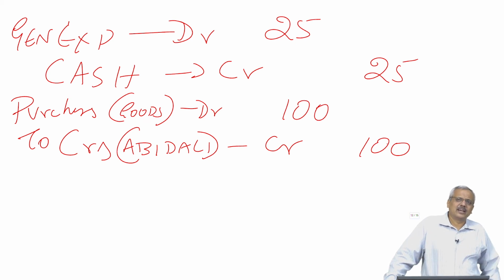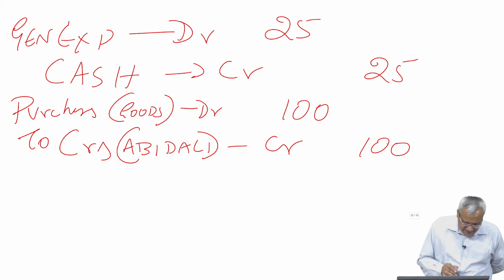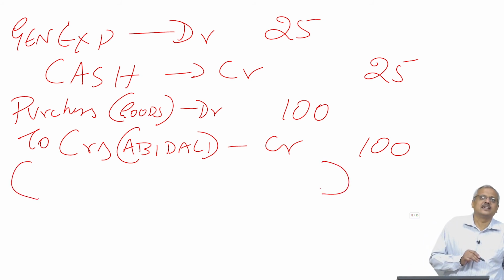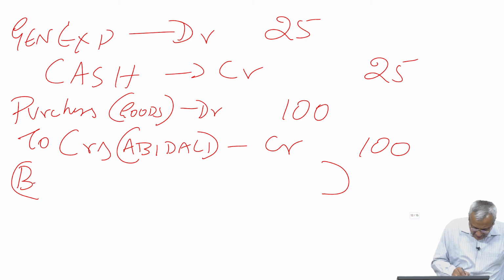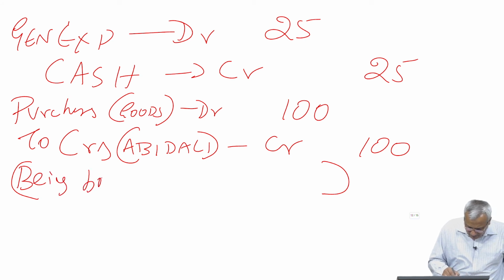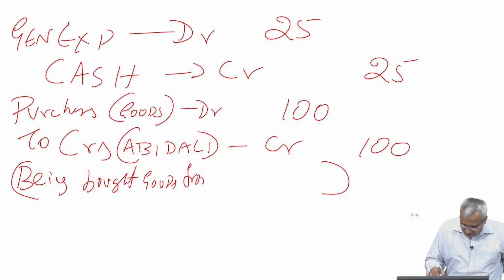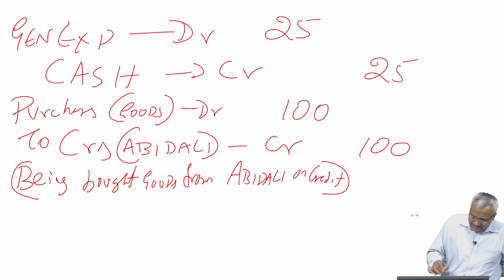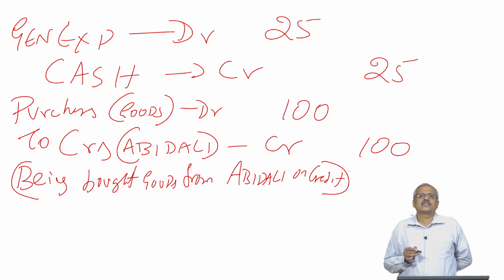Normally, typical accountants, after every journal entry, will write something called a narration. You will write, being bought goods from Abid Ali on credit. After every transaction, they will write this narration.